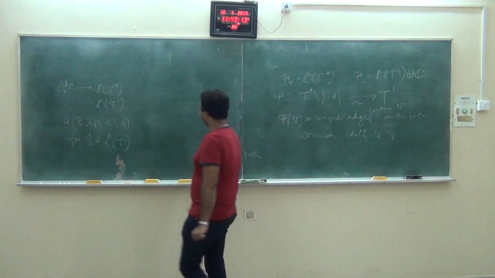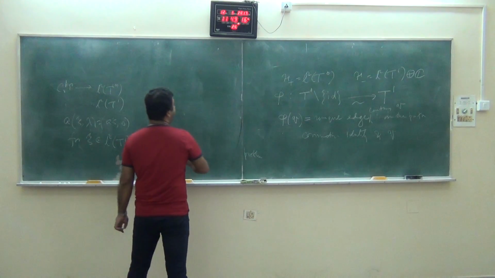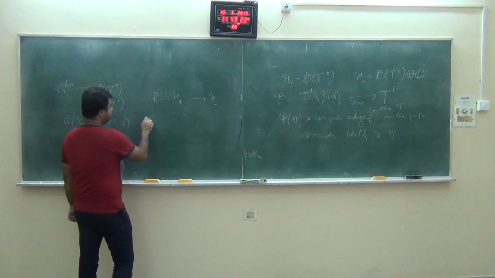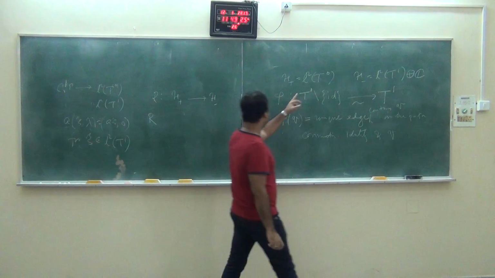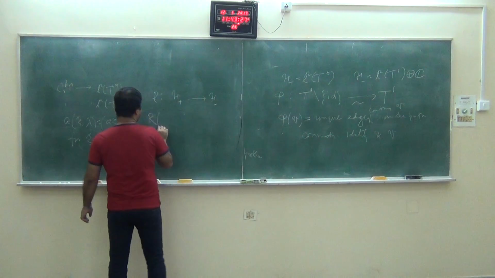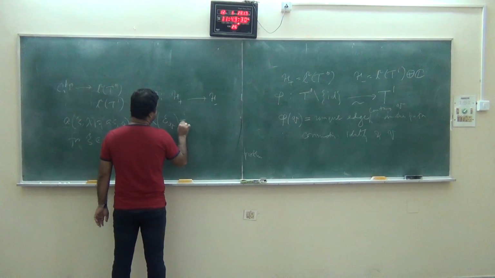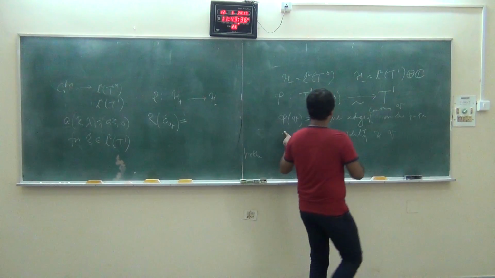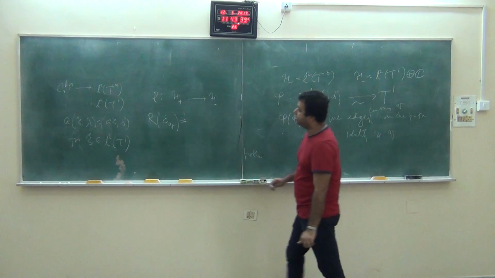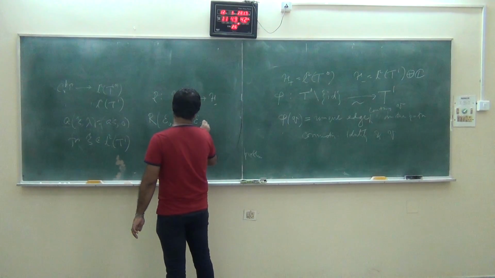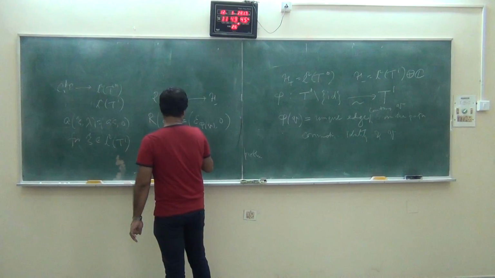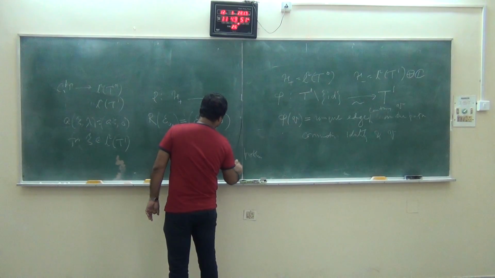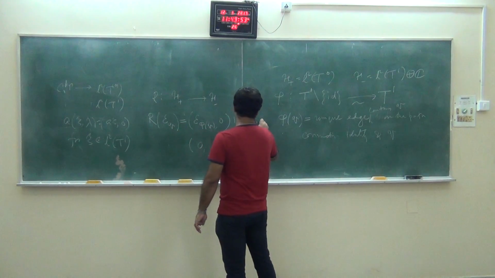And now I need to define a map, call it R, from H plus to H minus. H plus has a basis consisting of elements from the group, these are e_Q. This prescription is for Q not equal to identity.